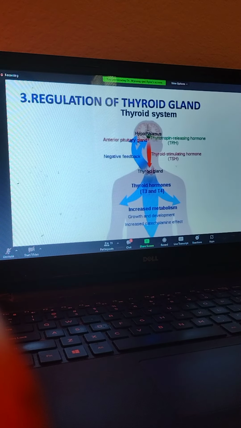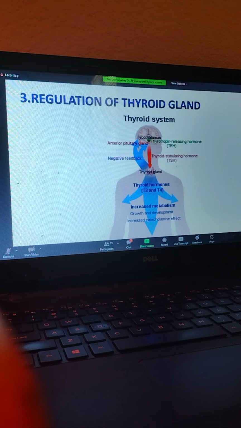So in our bodies, again, we have a decrease of thyroid hormones. It stimulates the hypothalamus, the hypothalamus stimulates the pituitary gland, and the pituitary gland stimulates the thyroid gland. It makes the TSH and the thyroid hormones, right, T3 and T4. Once T3 and T4 are released, they do functions like this: increase the metabolism.